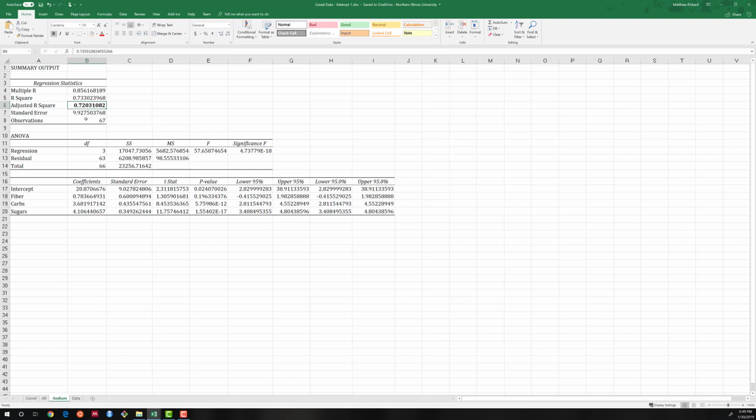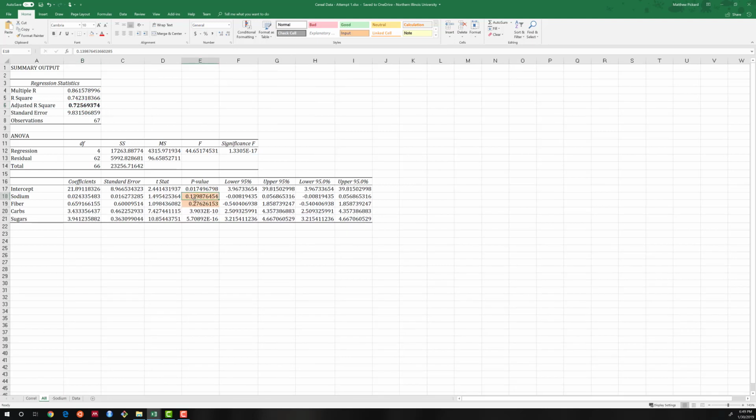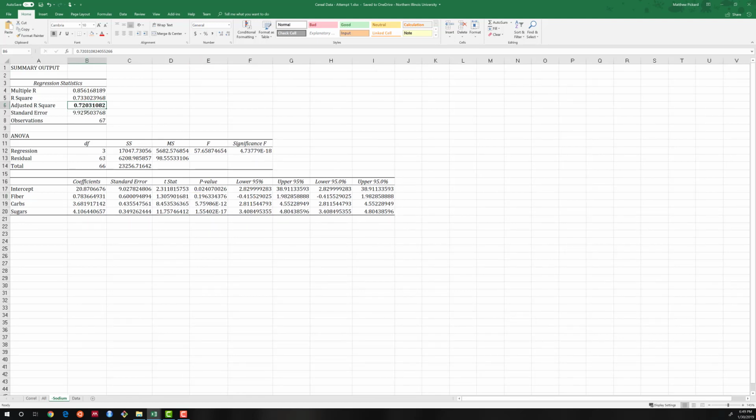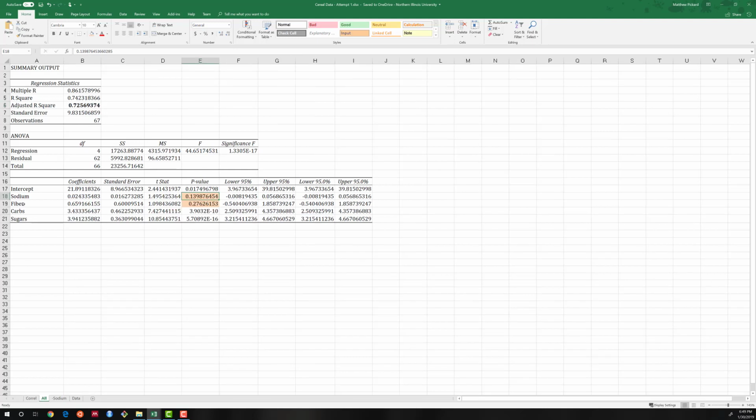So our adjusted r-squared went down when we took it out. That means even though the p-value back here for sodium was above 0.05, we're going to keep sodium in our model. And then the next one we're going to try to take out is fiber.